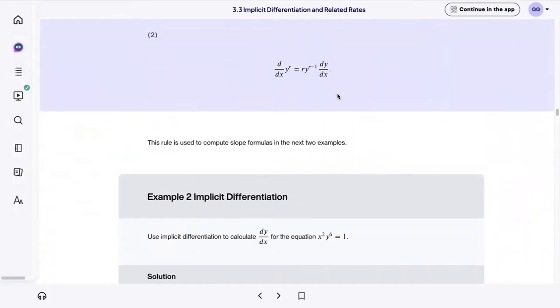So then everything, the rules we learned, everything follows. We still have to do product rule, quotient rule, chain rule. Okay, we still have to do that.